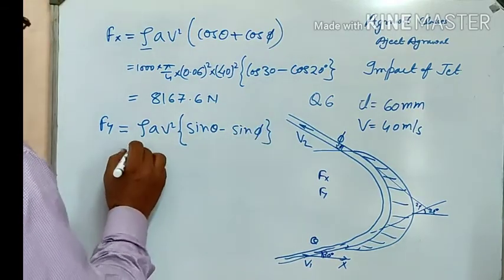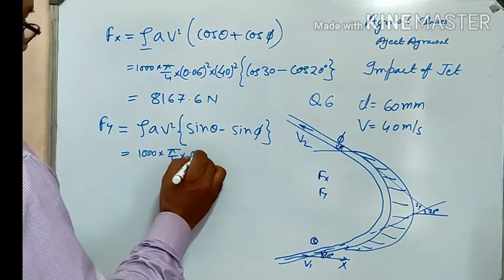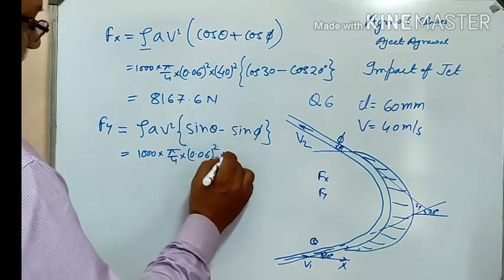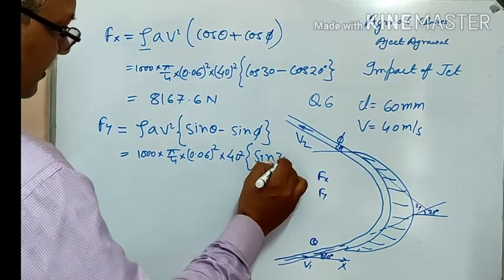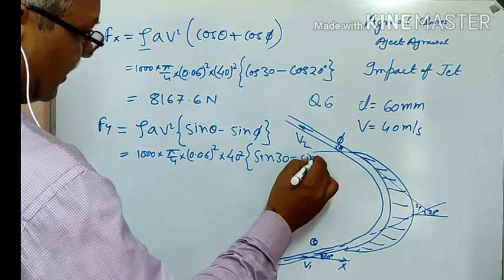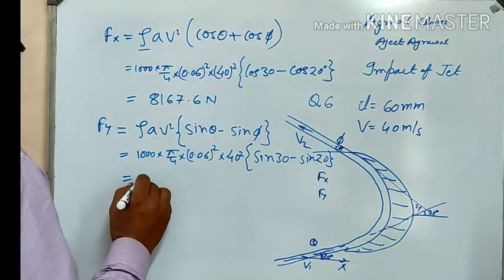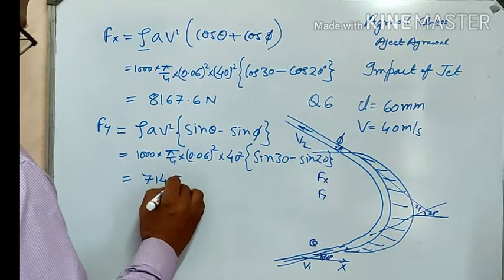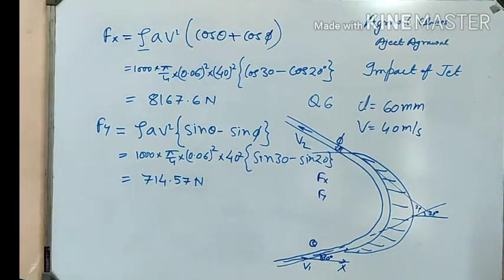Again we substitute the values, 1000 multiplied by pi by 4 multiplied by 0.06 square multiplied by 40 square multiplied by sine of 30 minus sine of 20. If we calculate, the result comes out to be 1714.57 Newton. So this is all about the jet when the plate is stationary.